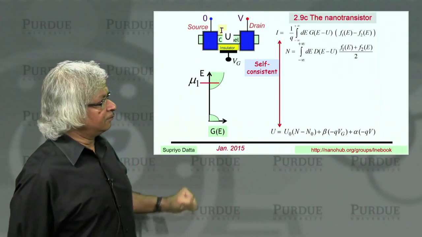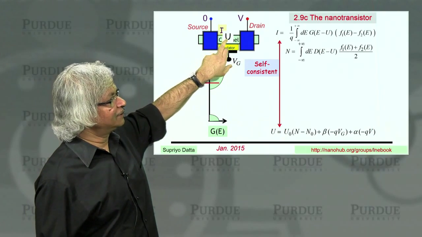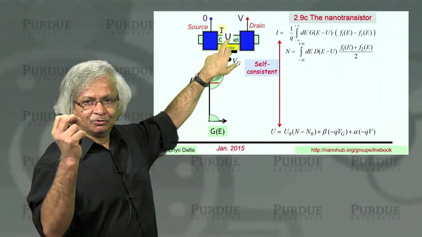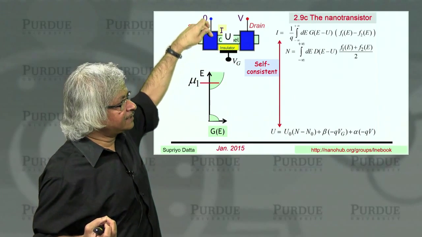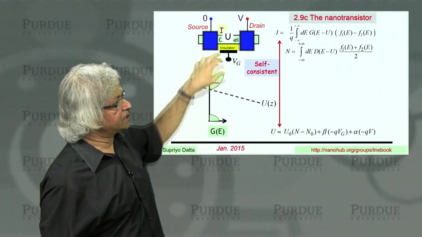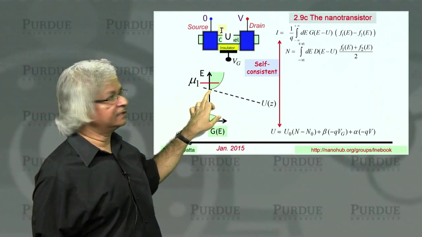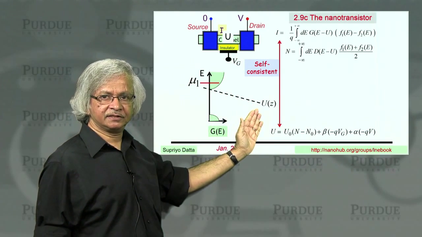And the most important one is, of course, that in this discussion, I put this channel potential U as a single number. In practice, the potential will vary across the channel. In other words, you'll have one value at this end, something else at the other end. It will change continuously.